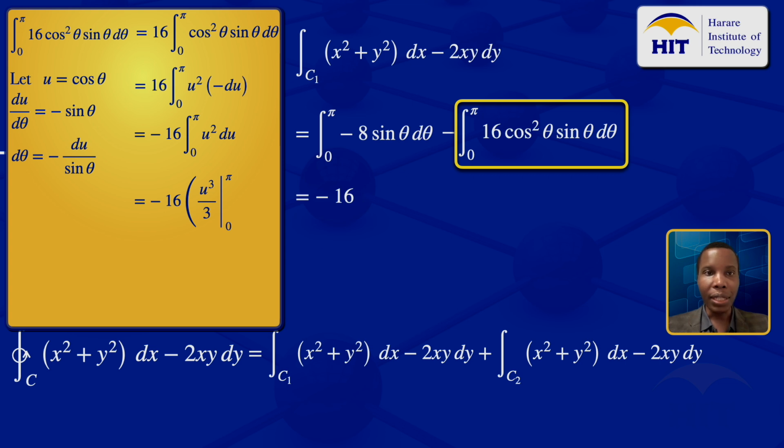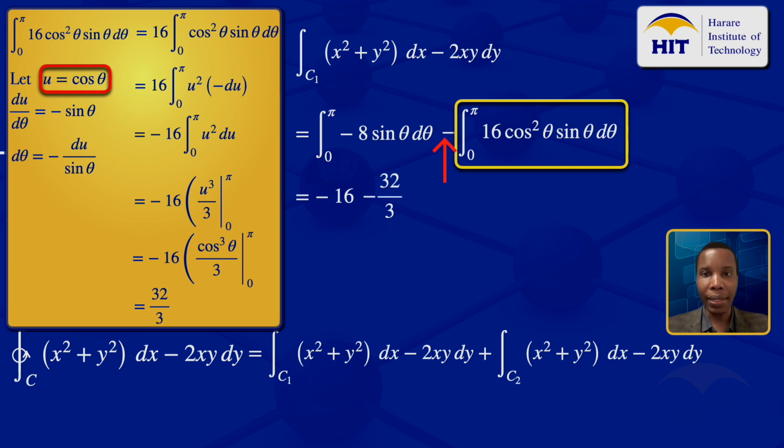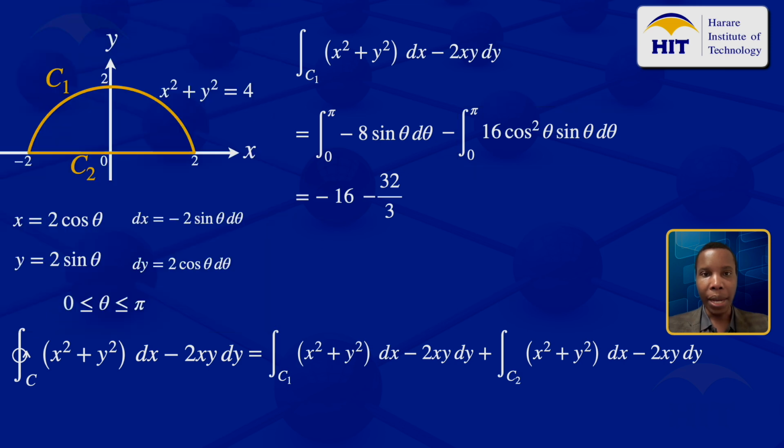But the substitution that we used there is u equals cosine theta. So substitute that u here, and we have minus 16 times cosine cubed theta divided by 3, then put the limits 0 to pi. The result that we get there is 32 over 3. So I write that result there, minus 32 over 3, just because we had a minus sign here. And then when you simplify that, it gives us minus 80 over 3.